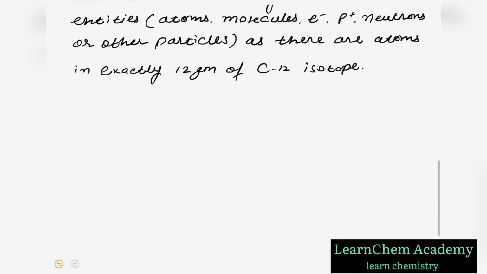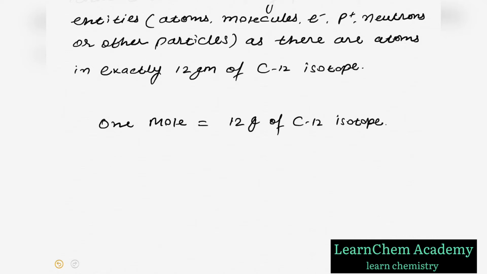So we can write: 1 mole is equal to 12 gram of C12 isotope.